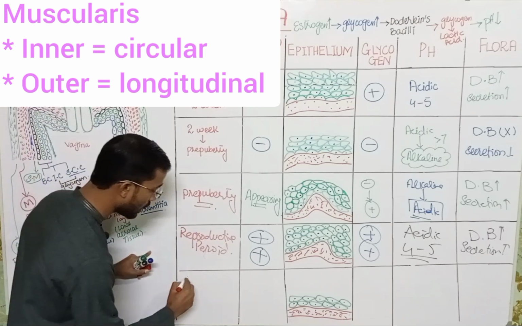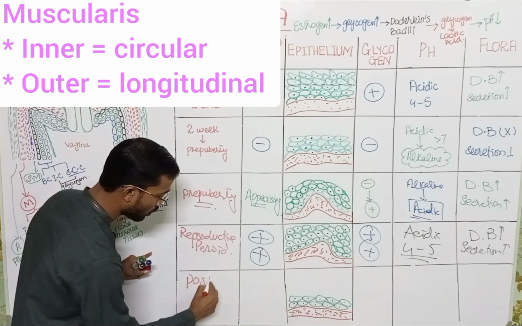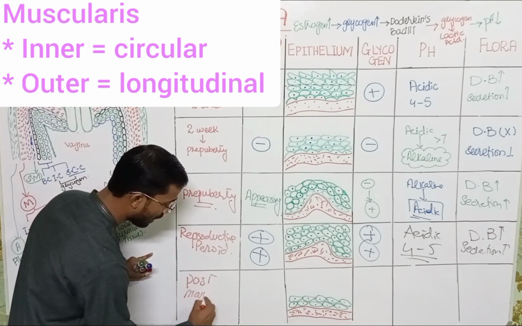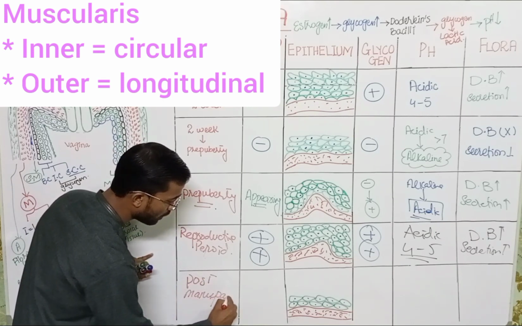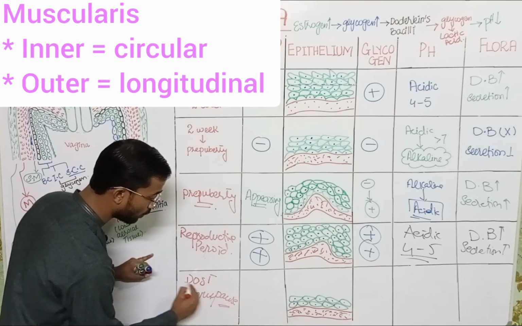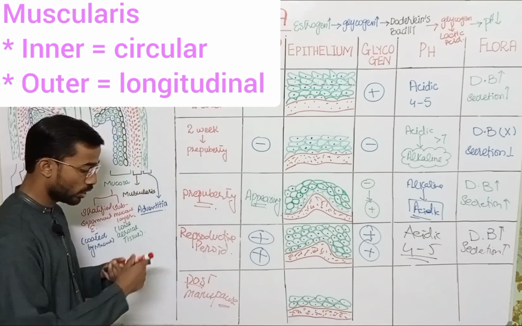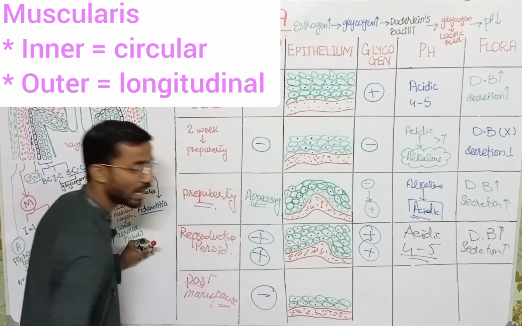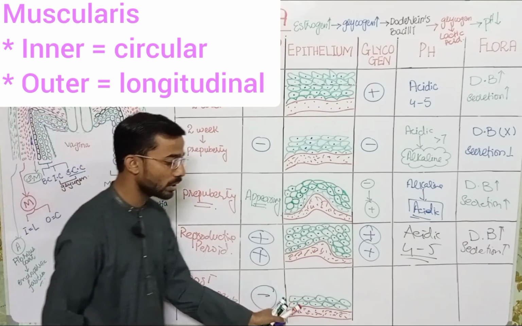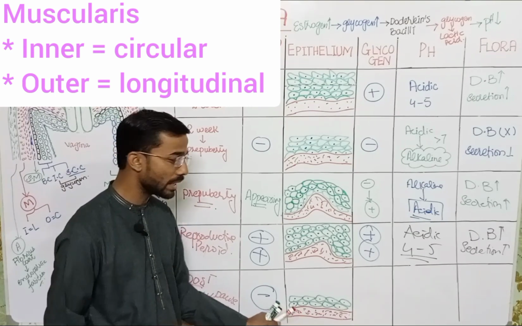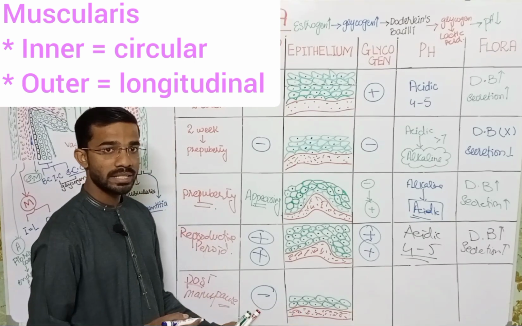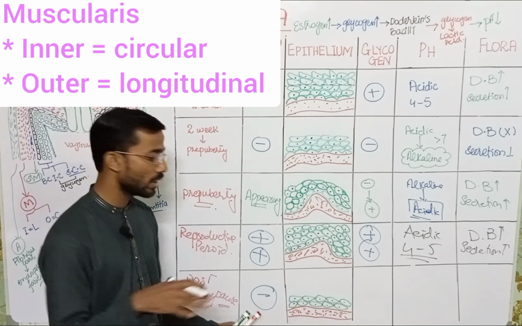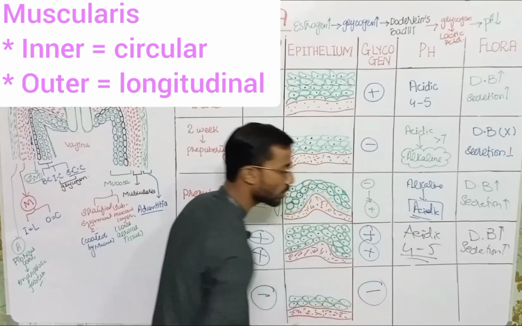And last is the post-menopause condition. In the post-menopause, after menopause, you will see the negative effect, the estrogen level decreases, and in that situation the thickness of the vagina will also be decreased. And if there is a negative effect, estrogen decreases, then the glycogen production will also be decreased.